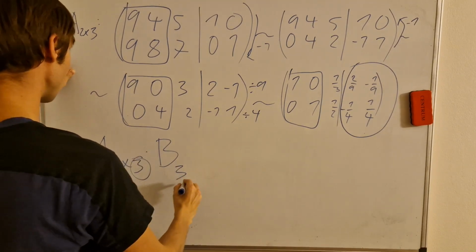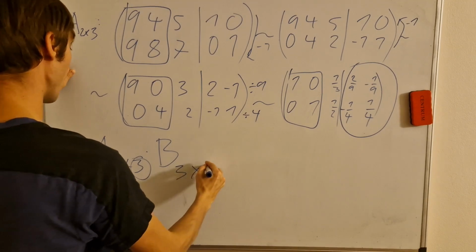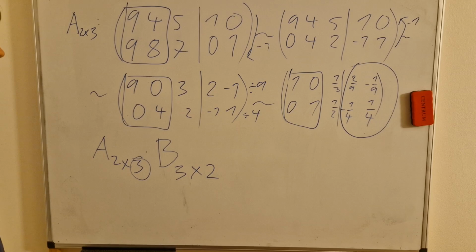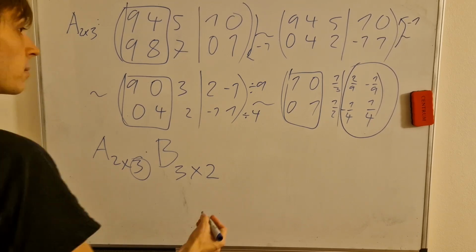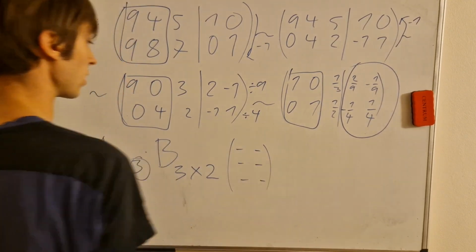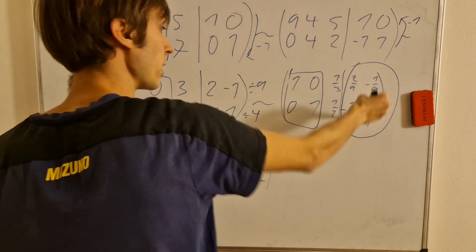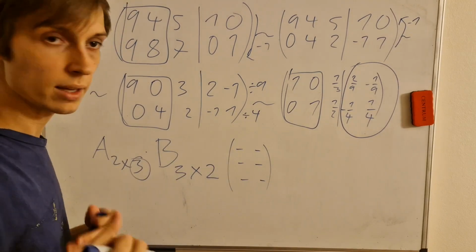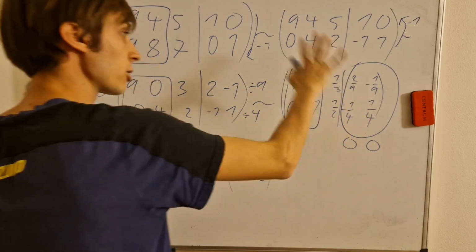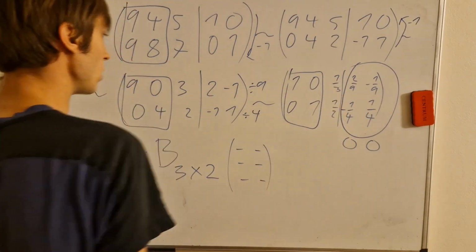So it has to be 3 by something, I'll say 3 by 2. Alright? And so, that means that we will be multiplying by a matrix that looks more like this. That means 6 entries but more vertical. But we only had 2 by 2. We'll correct it in the way that we'll add 2 zeros here.